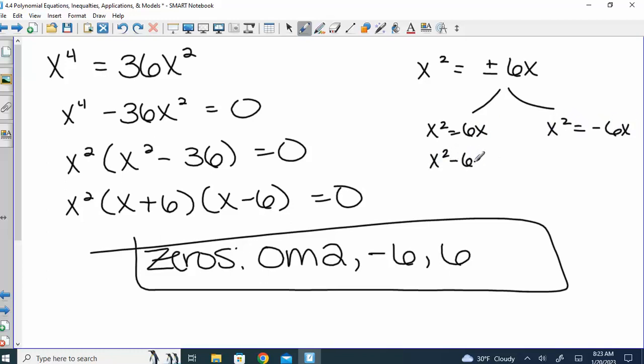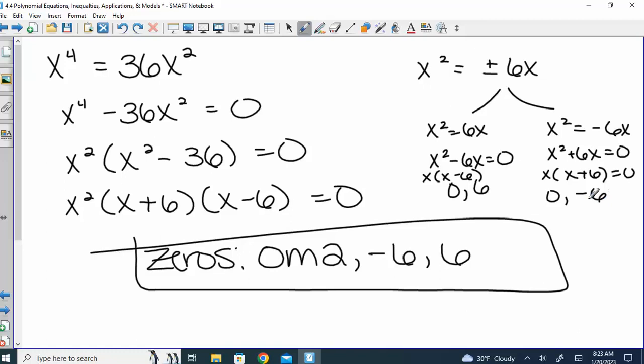If you solve each of these, you get 0 and 6 for this one. For this one, you get 0 and negative 6, which gives us the same thing. I thought it still worked.